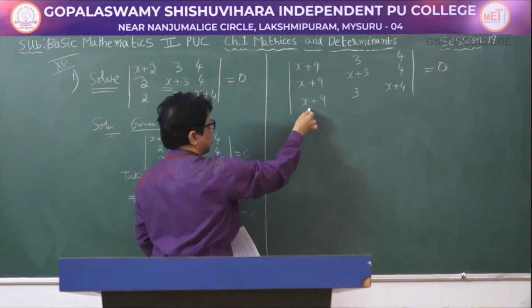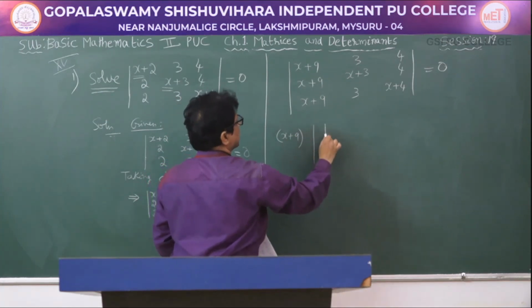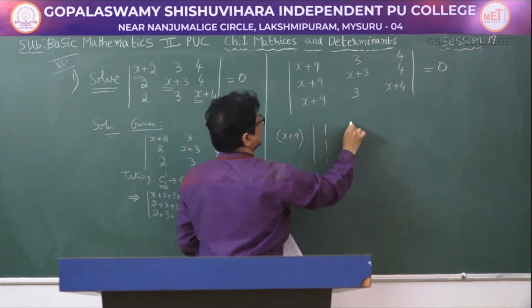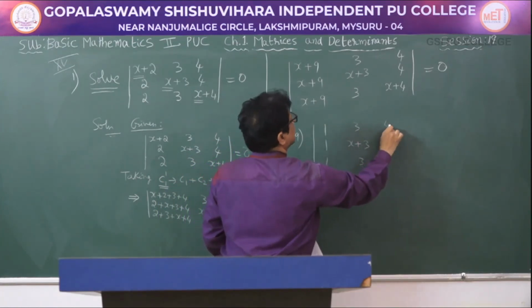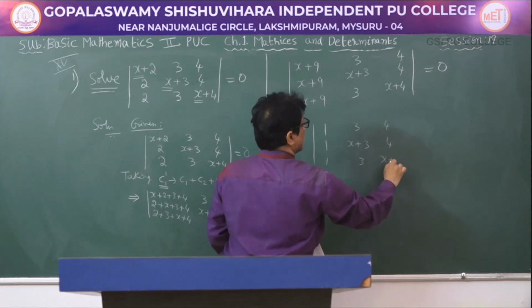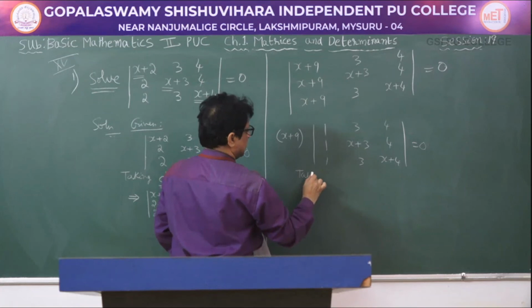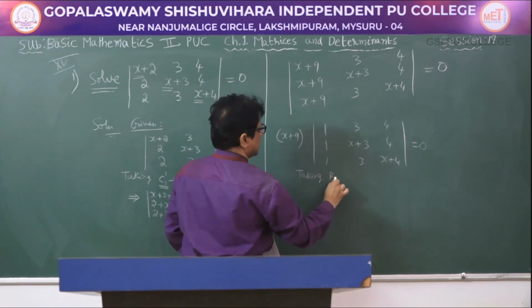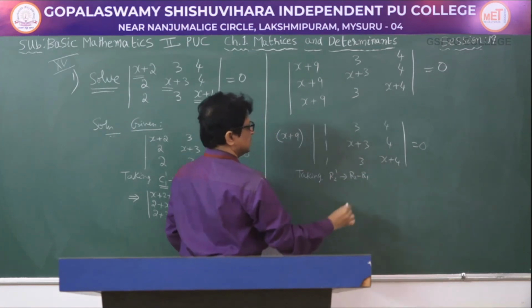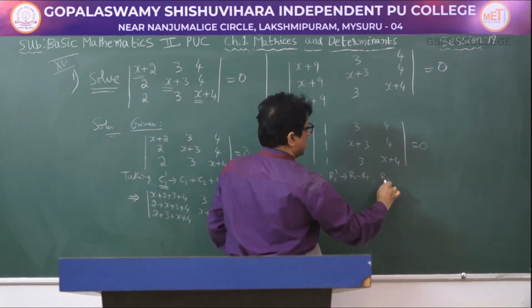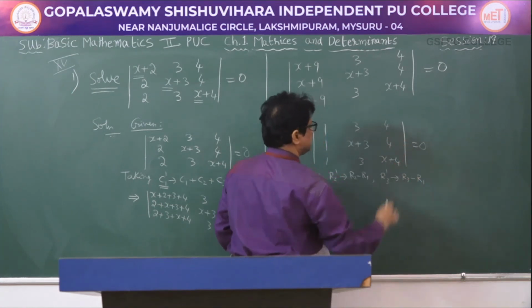In the first column, we can take x plus 9 common. So, we get 1, 1, 1, 3, x plus 3, 3, 4, 4, x plus 4. That will be equal to 0. R2 dash is R2 minus R1. Similarly, R3 dash as R3 minus R1.